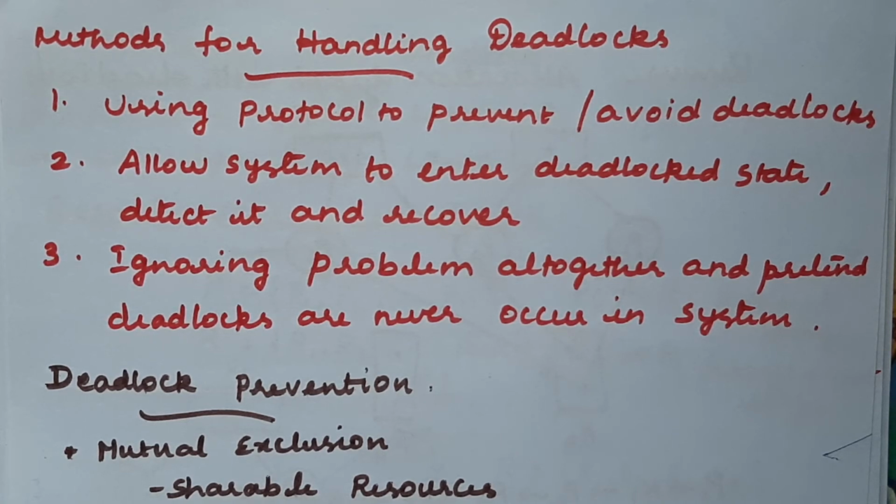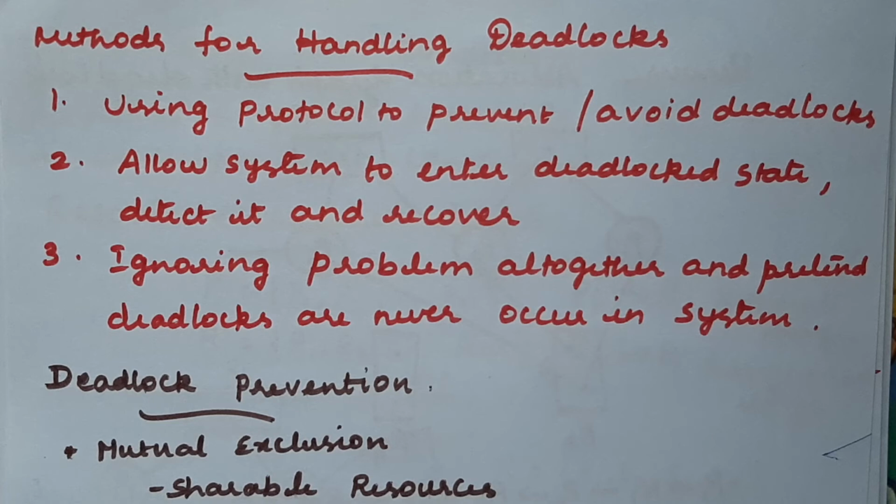You are not going to execute even the beginning part of that process. If executing a process may lead to deadlock, we should not touch that process. That is the third method, ignoring the entire problem altogether, and we can say deadlock will never occur in the system. This particular method is popularly used by many operating systems like Linux and even Windows.